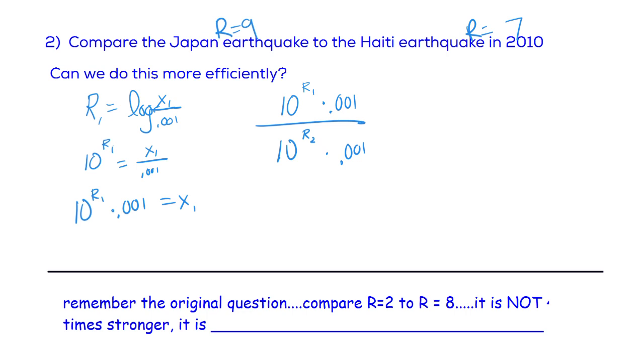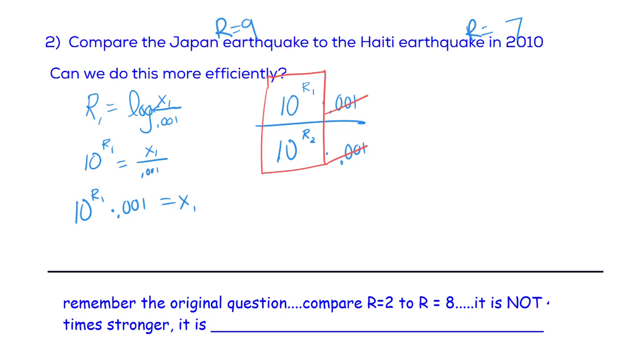Wouldn't these 0.001s really not matter because I did it in both scenarios? Okay, so now all I really have is this. And every single time, since both of them use common log, they're both going to have a base 10 here. So I have 10 to an exponent over 10 to another exponent. Couldn't we just use exponent rules? What do you do with these exponents if you have the same base and we're dividing here? Don't we just subtract those?